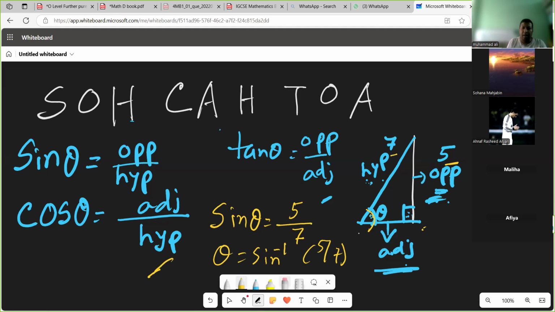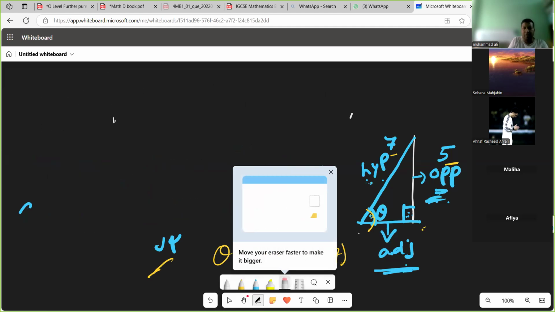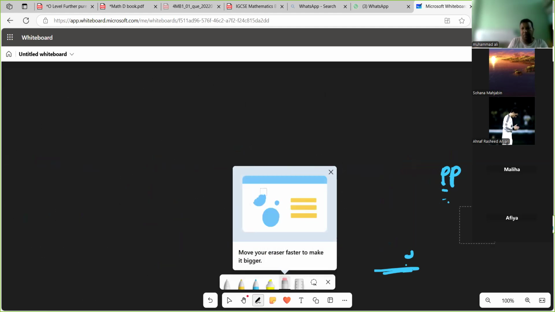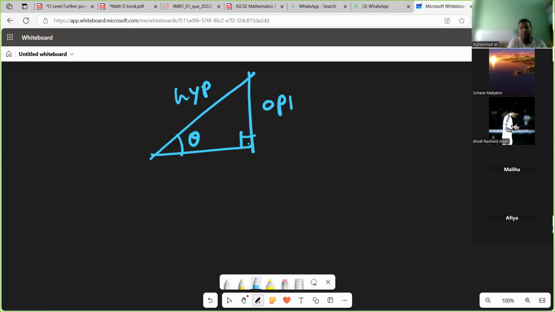Okay. Another formula we have to remember is the Pythagoras theorem. So what is the Pythagoras theorem? This is a right angle triangle. Always, the side opposite the right angle is the hypotenuse, the acute angle's opposite is the opposite, and between the right angle and the acute angle is the adjacent.